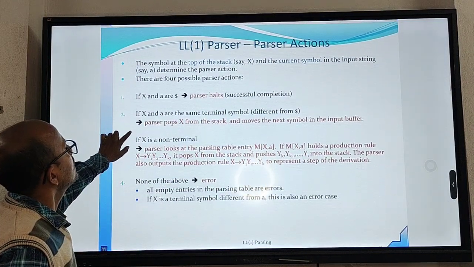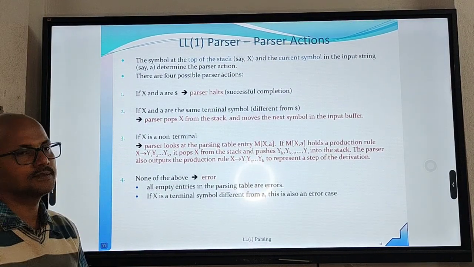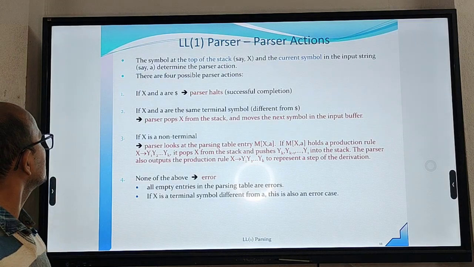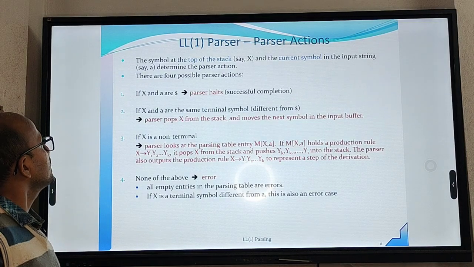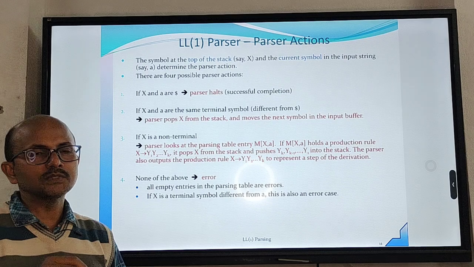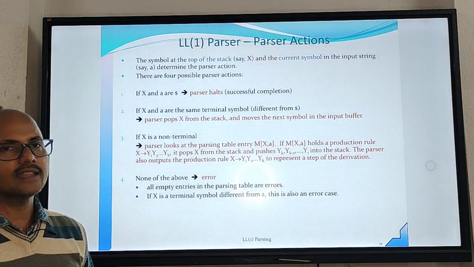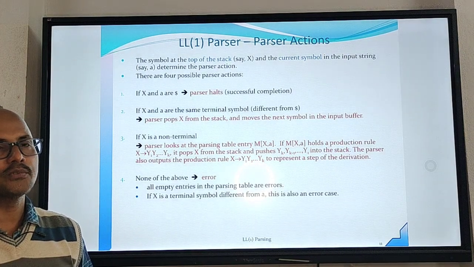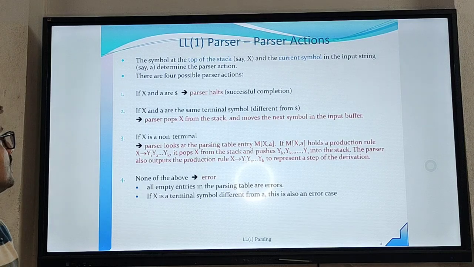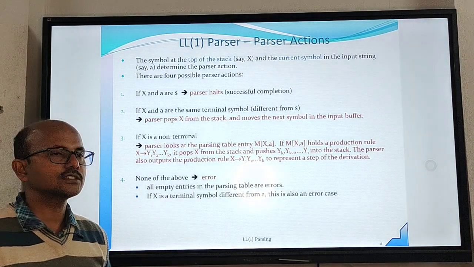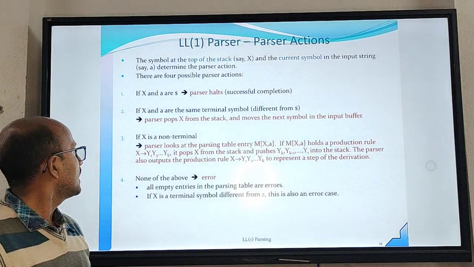Now coming to the parsing actions of the LL1 parser, how it works. Consider the top symbol of the stack as capital X, and the current input symbol of the input buffer as small a. Based on X and a, we have a number of actions.